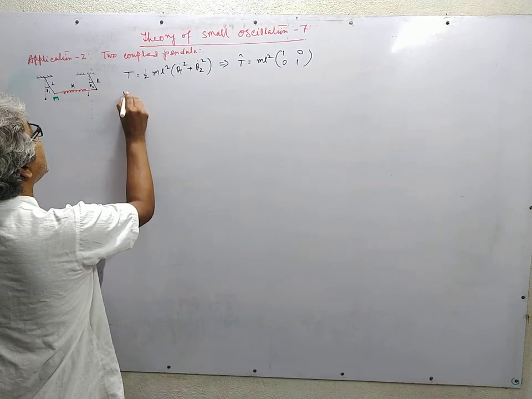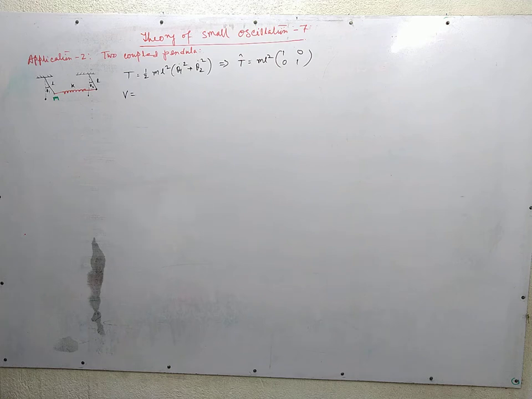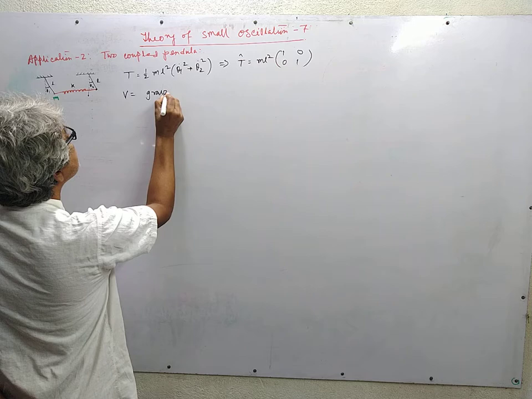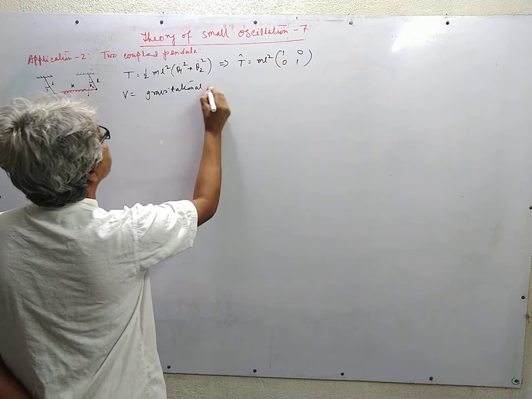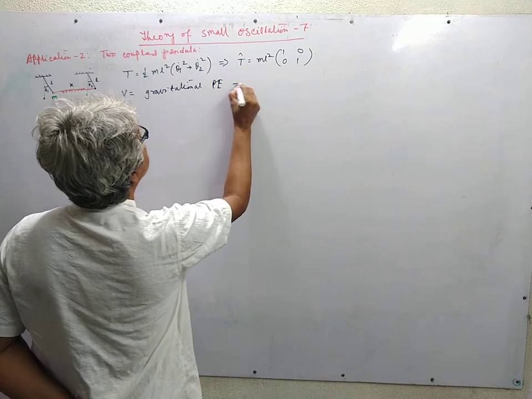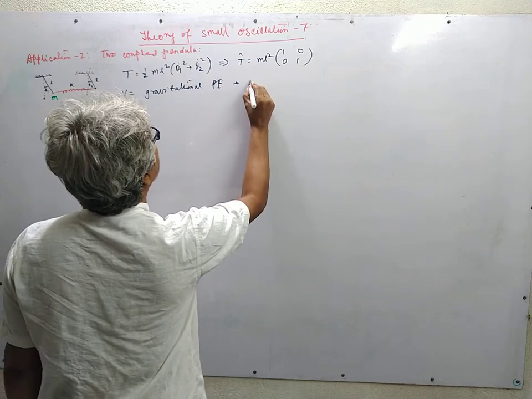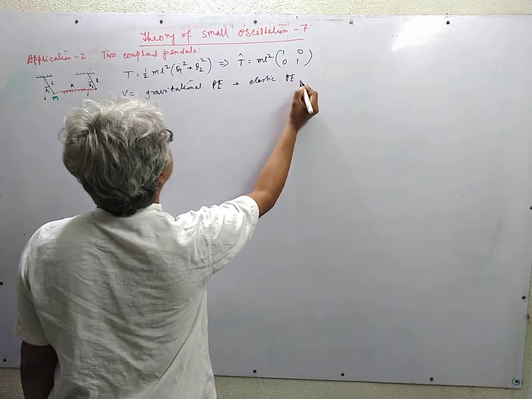Now the potential energy. The potential energy has two parts: the gravitational potential energy plus the spring potential energy, or elastic potential energy.